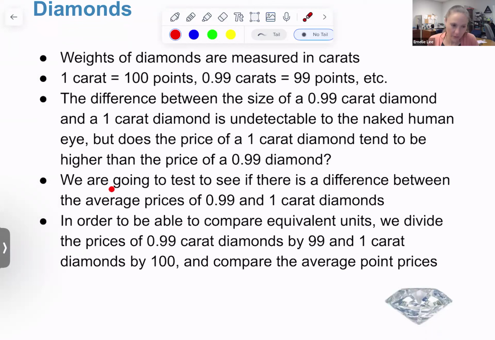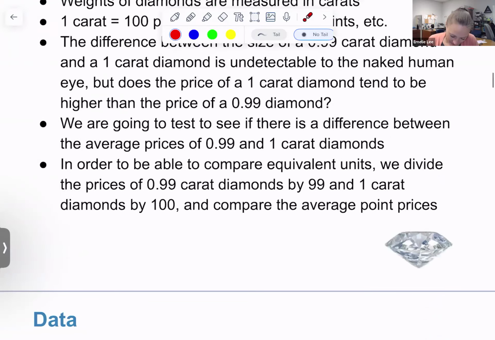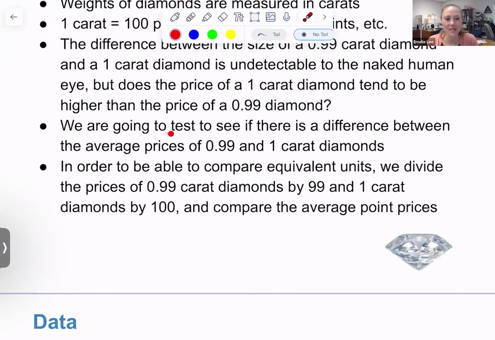This is the part where I was scrolling through the notes, and there's something I don't like in here. It says we're going to test to see if there's a difference between the average prices.